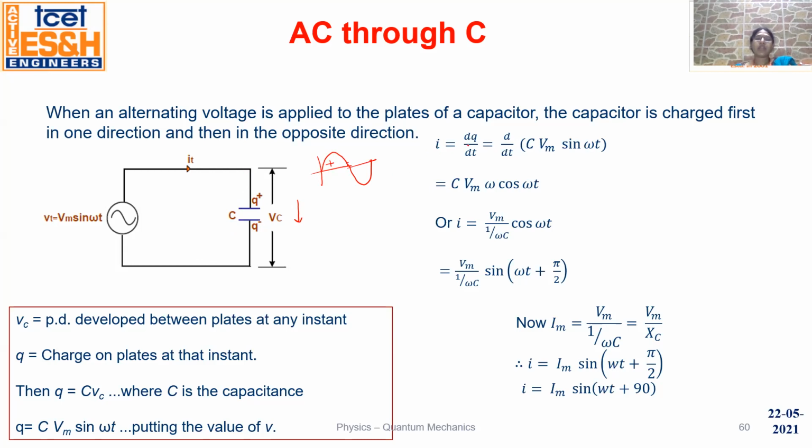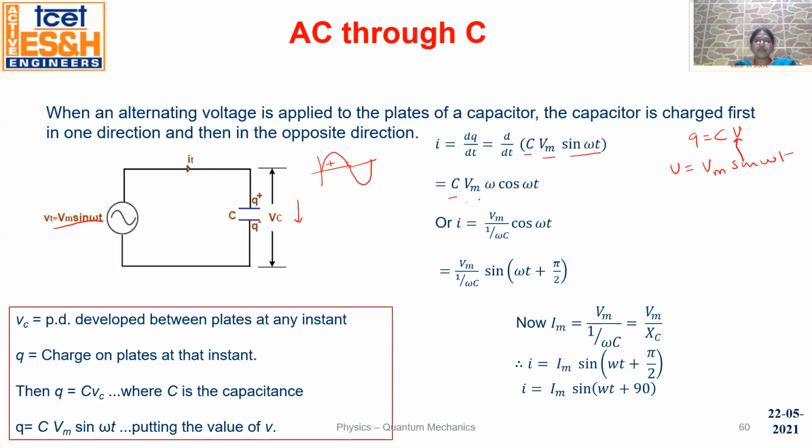From here, we know that the current across a capacitor is I is equal to dq by dt. Q is the charge, and we write the equation Q is equal to CV. Here V is Vm sin omega t, so you write this V in place of V: C multiplied by Vm sin omega t.